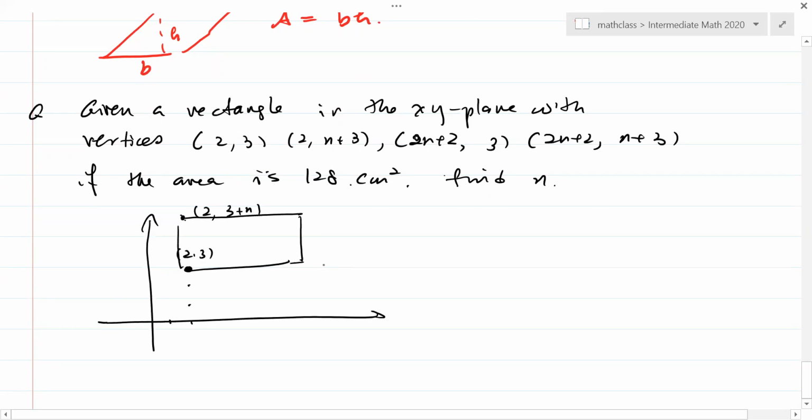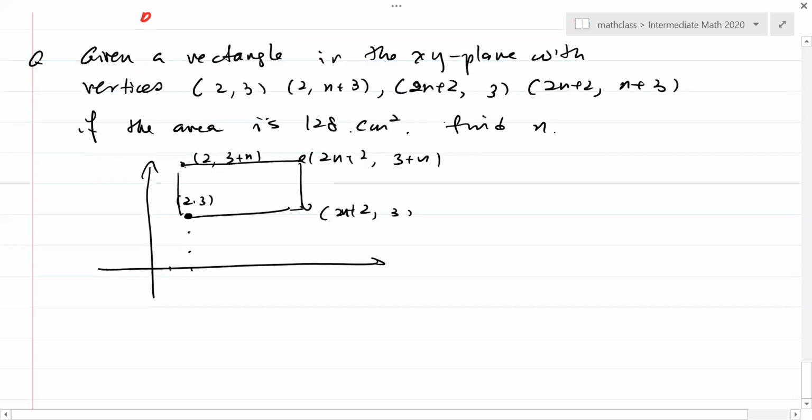That'll be (2n+2, 3), and that'll be (2n+2, n+3). You just plot it; you don't know the value of n.